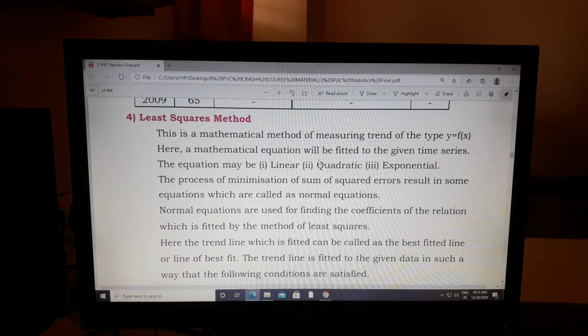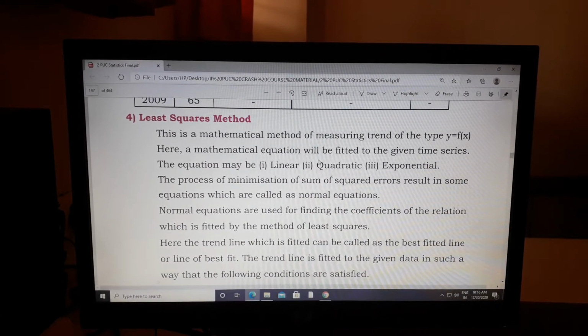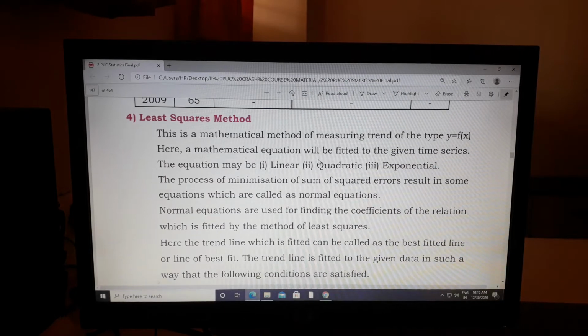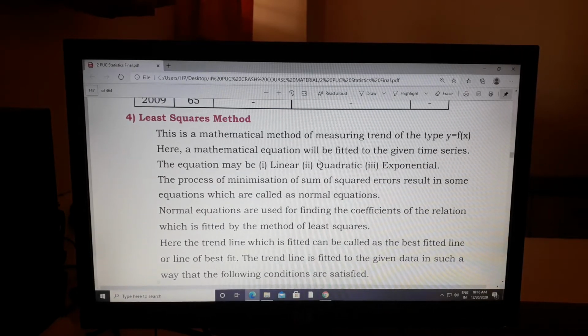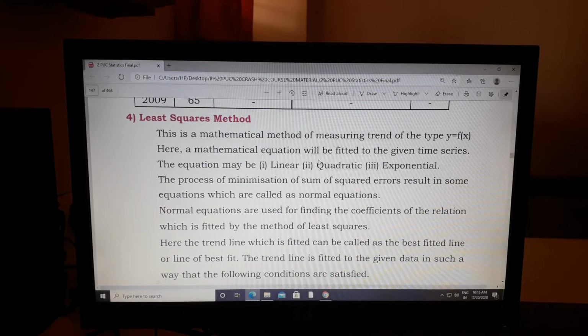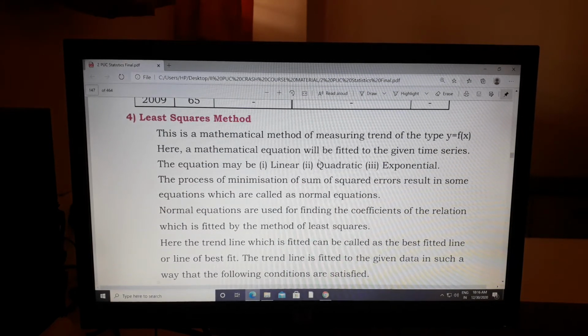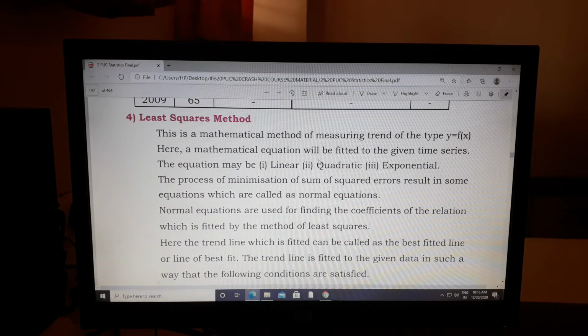All these three methods have some drawbacks, demerits. One or the other demerit we have, isn't it? But the least squares method is exactly fit for time series data, from which the future term can be evaluated.